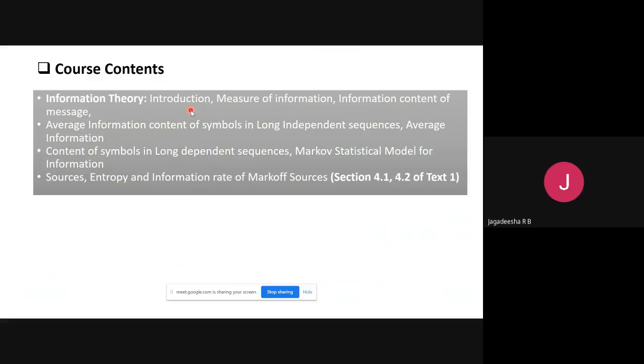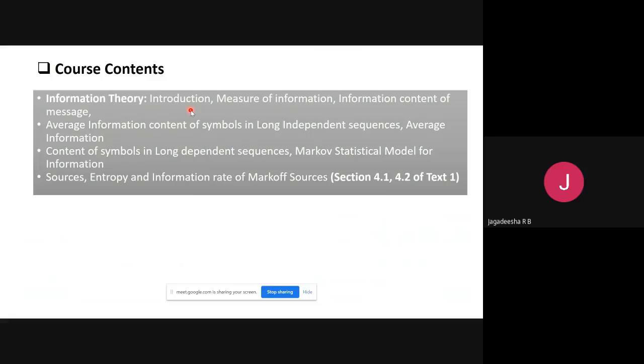For example, if you consider a mobile phone, where we speak, our voice is converted into digital, and then it is transmitted over the channel. Finally, the called party or the destination will pick up our call, and we have the conversation going on. In that case, the information has to be represented in the digital format.